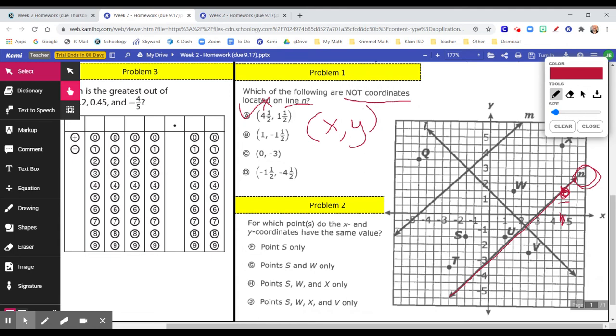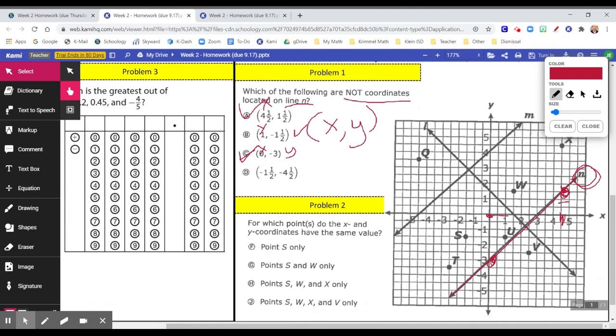You know what? Let's go down to C, 0, -3, just because that's a little easier to check. So x is 0, y is -3. Starting at the origin, x is 0, so we don't go left or right. We go down. Yep, that one checks out, that one is on the line. So now it's either B or D. If we look at B, x is +1 and y is -1.5.